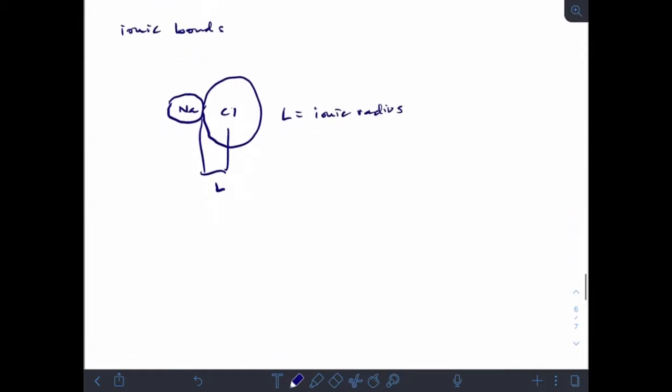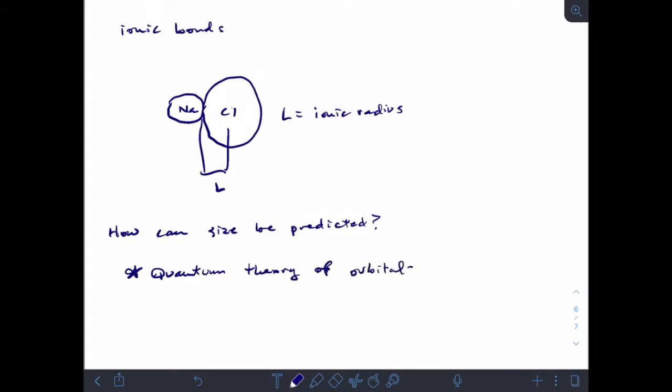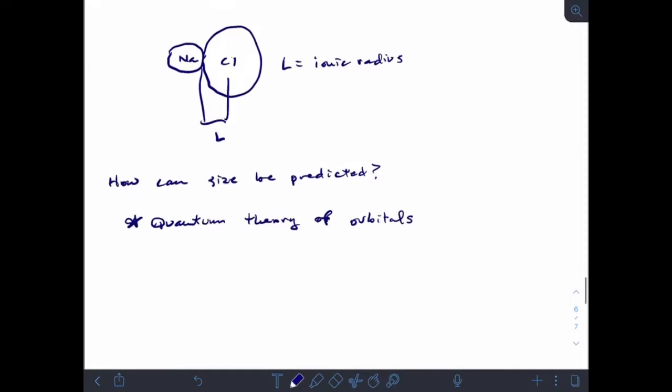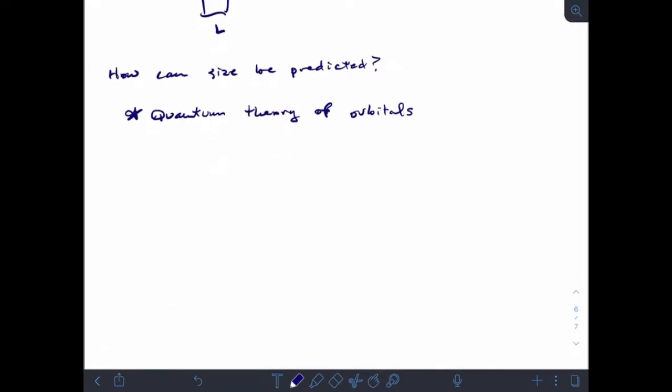Right? So how can we tell the difference? How can size be predicted? Okay, quantum theory of orbitals. We know that a higher n value means that an electron is farther away from the nucleus.